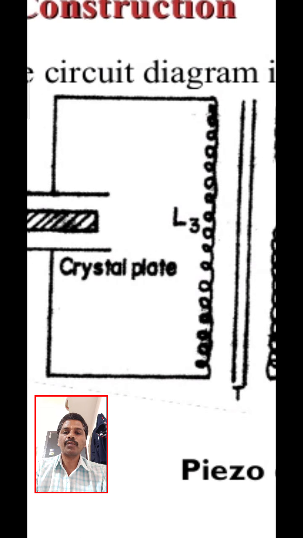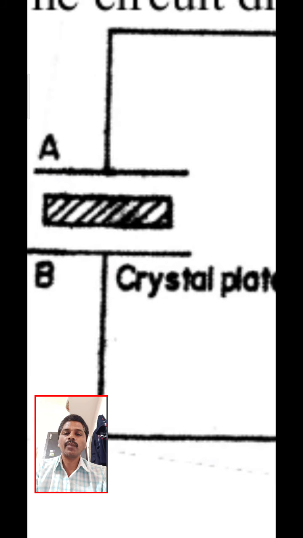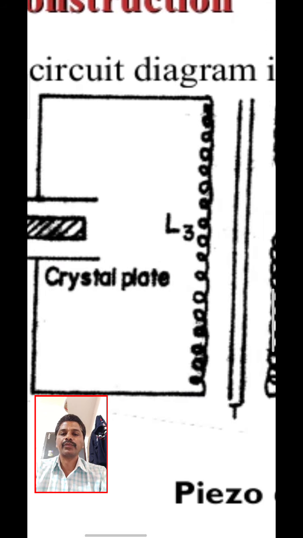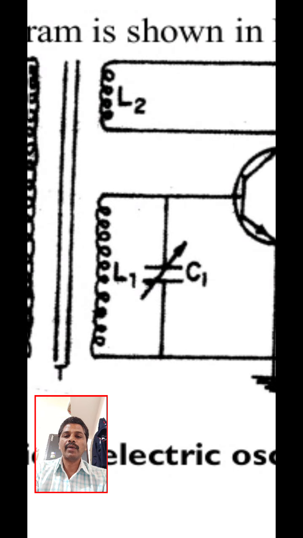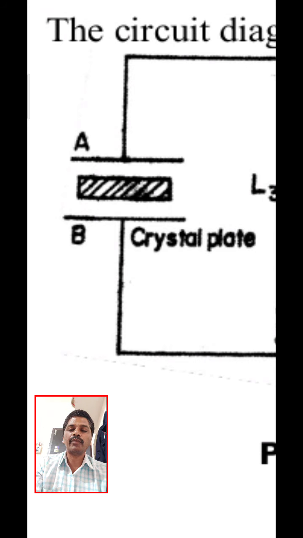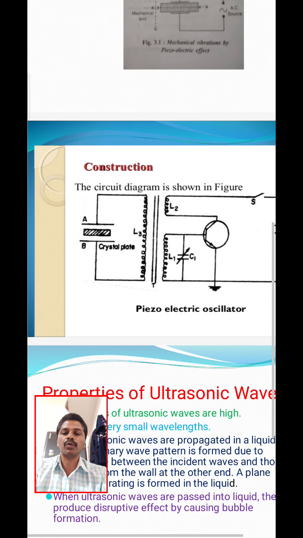The two terminals of inductance L3 are connected to two plates A and B. A suitably cut quartz crystal is kept between the two plates A and B. When the frequency of oscillations from the circuit matches with the natural frequency of the quartz crystal, resonance occurs and waves are produced. These waves are called ultrasonic waves. Therefore, ultrasonic waves can be produced by using this piezoelectric generator.